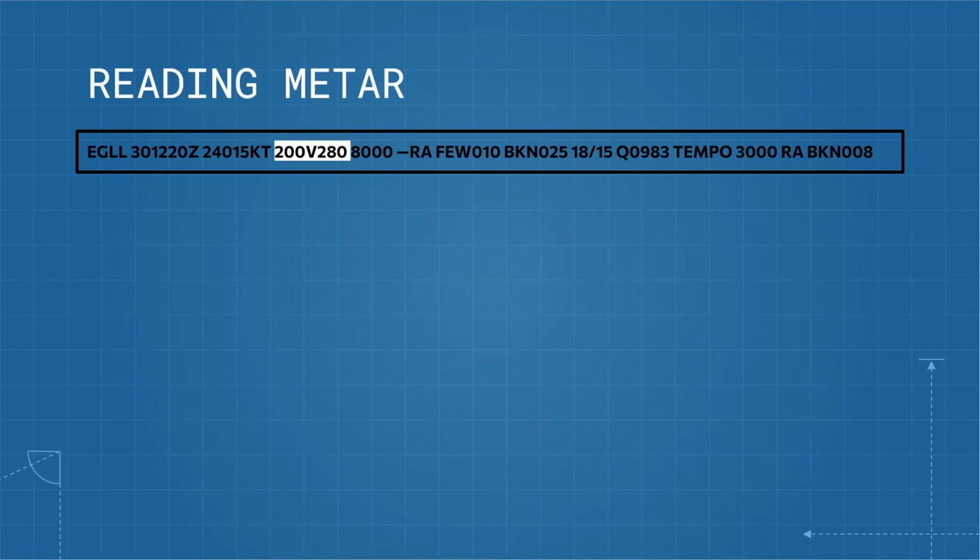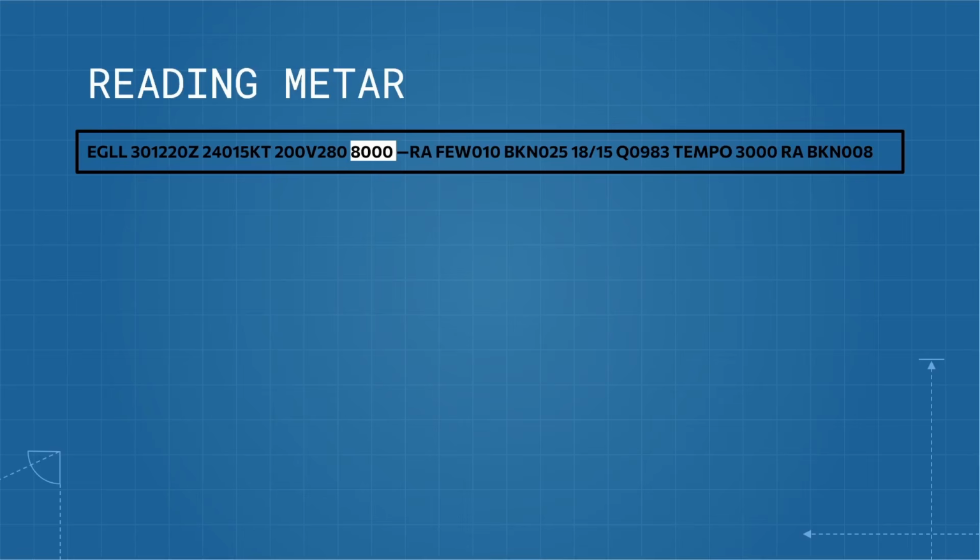In the even more unlikely scenario that the wind direction is also extremely varied, an additional section is added. It's formatted as a 3-digit bearing, then a V, standing for varying between, and then another 3-digit bearing. So it shows where the wind is varying between. In this example, the wind is varying between 200 and 280 degrees.